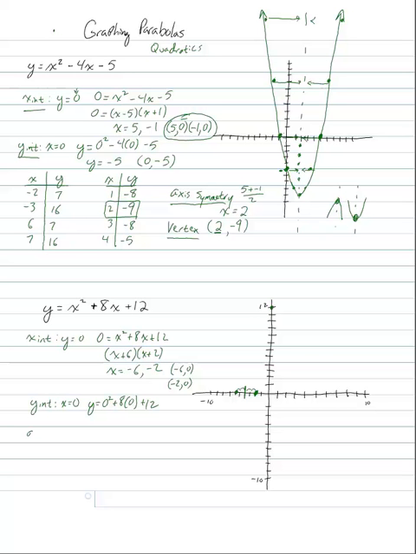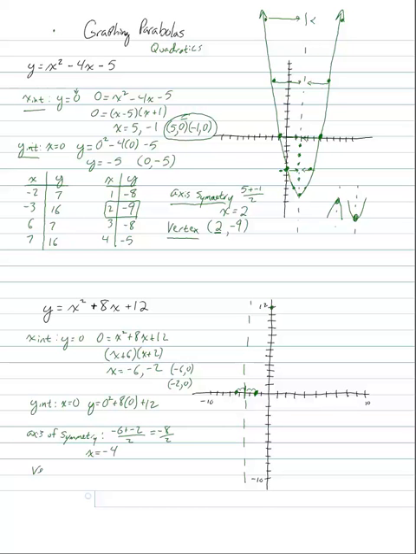This will be your axis of symmetry, because that's the middle line that it has to be symmetrical about. So I could average them and get negative 6 plus negative 2 over 2, negative 8 over 2. Again, I would get negative 4. So my axis of symmetry is x equals negative 4.